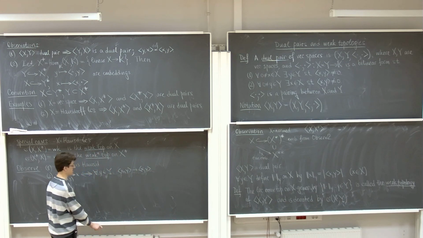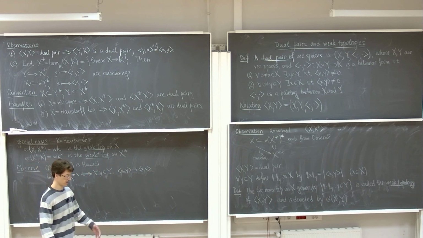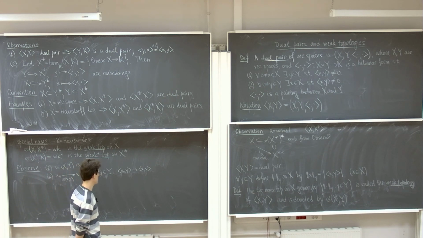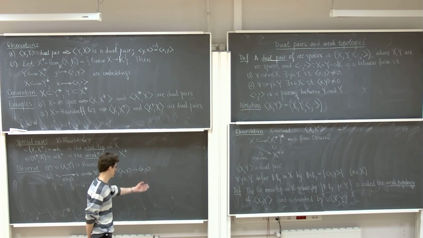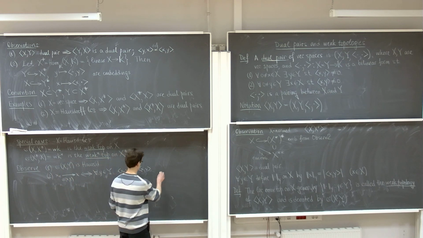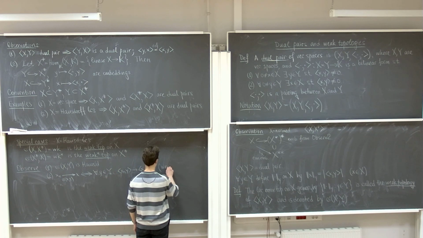Again, this follows from our criterion. If a topology is generated by a family of seminorms P, then x_n converges to x if and only if it converges with respect to each seminorm from our family. And in the case of weak topologies, this is equivalent to this. This is the so-called weak convergence.